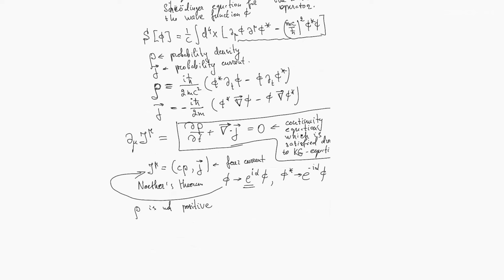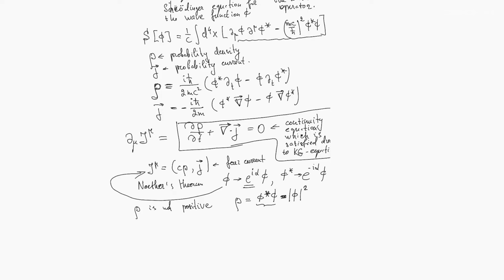In non-relativistic quantum mechanics, rho is defined as the product phi star with phi. And this is an explicitly, manifestly positive density. So it can be given an interpretation of probability density, because probability is always non-negative.